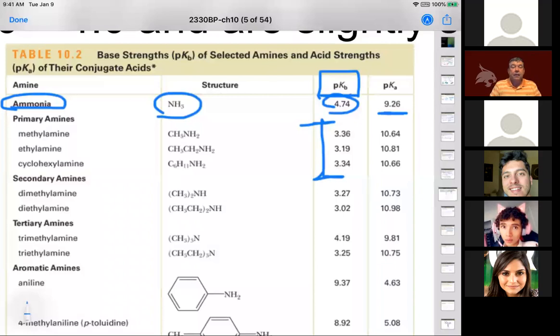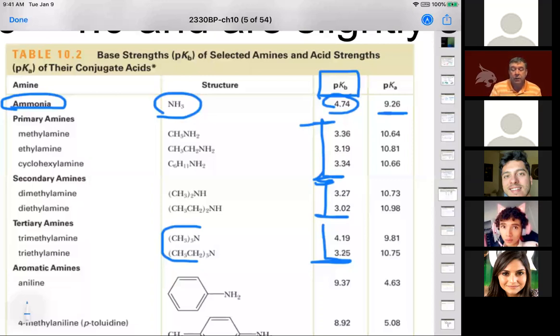Now, if we move to our secondary amines, it really doesn't change that much. It goes down a little. It becomes more basic because we have a little more donation going on there. And if we add a third one here, it stays in the same range. So all the aliphatic amines are more basic than ammonia. In fact, all aliphatic amines are the most basic of the amine set.